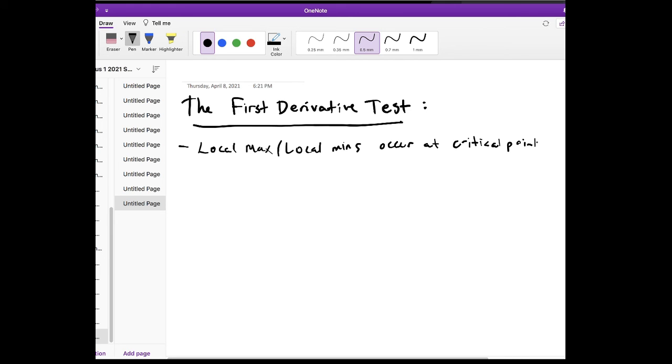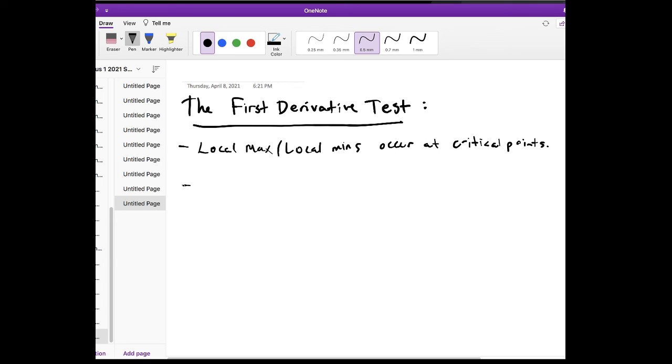So we've talked about this when talking about Fermat's theorem, Rolle's theorem, or the extreme value theorem. So how do you know if your critical point is a max or min?